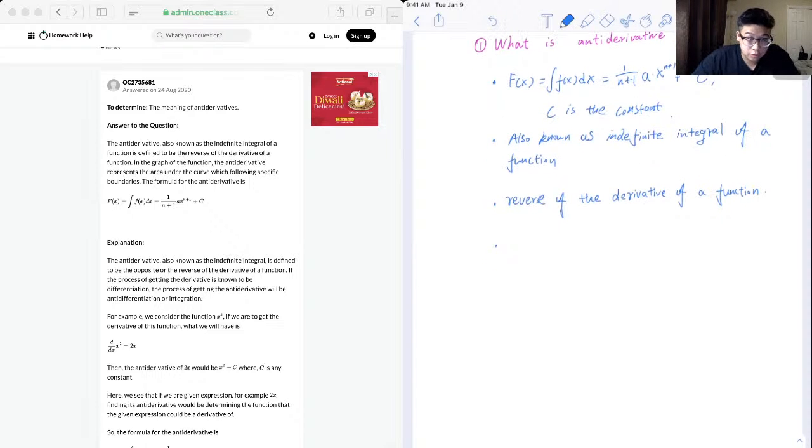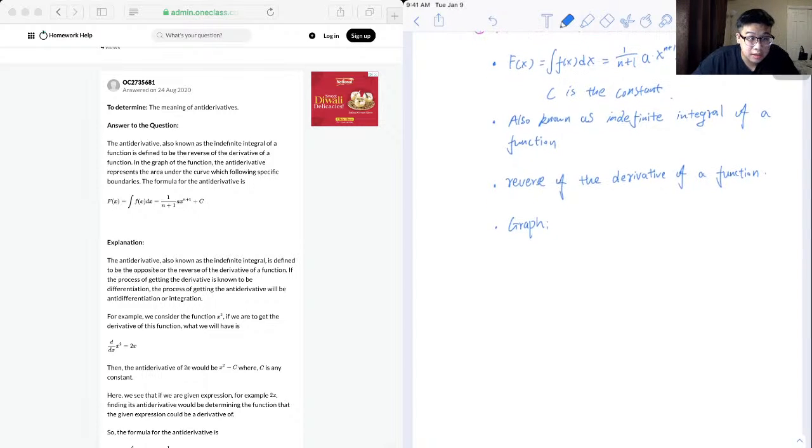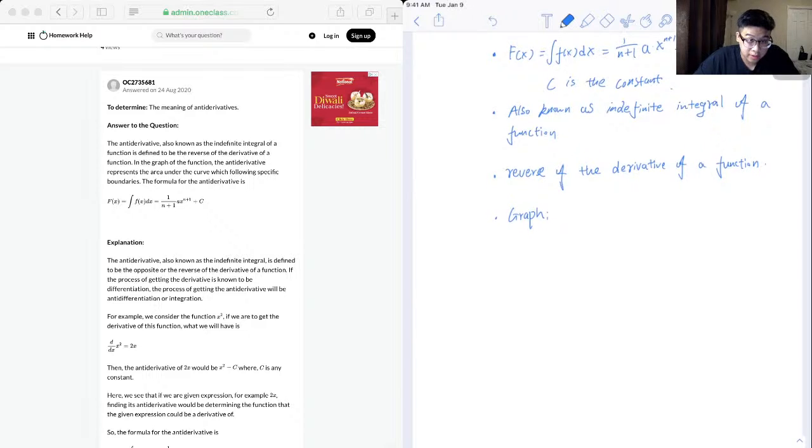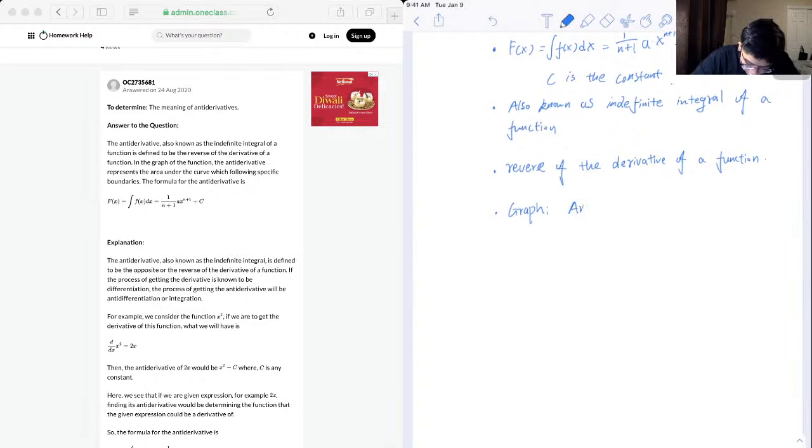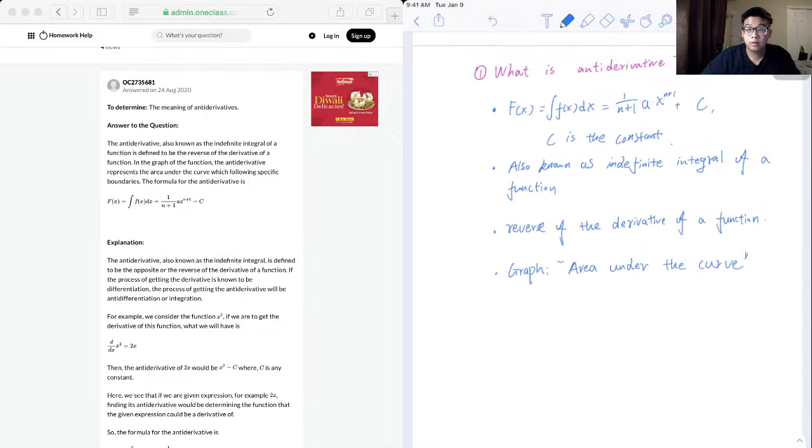And if we want to represent that on a graph, the antiderivative represents the area under the curve.